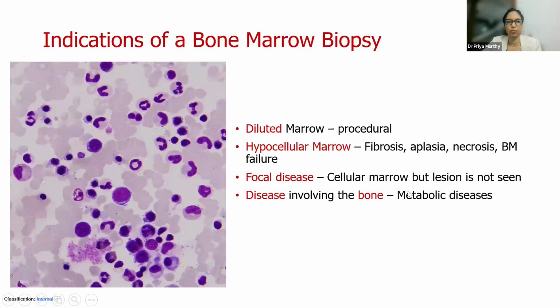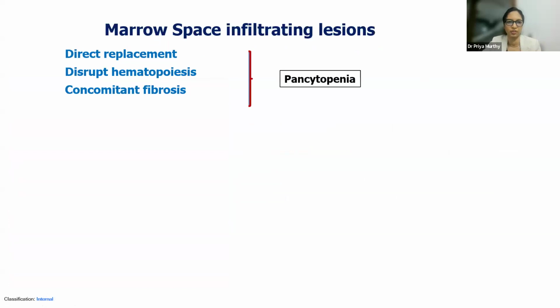So, when the bone marrow aspirate is not sufficient, if it is a diluted marrow, either because it's procedural or because it's a hypocellular marrow, we resort to a bone marrow biopsy. If it is a focal disease, then also we prefer to do a bone marrow biopsy. And many metabolic diseases are also diagnosed with the help of bone marrow biopsy.